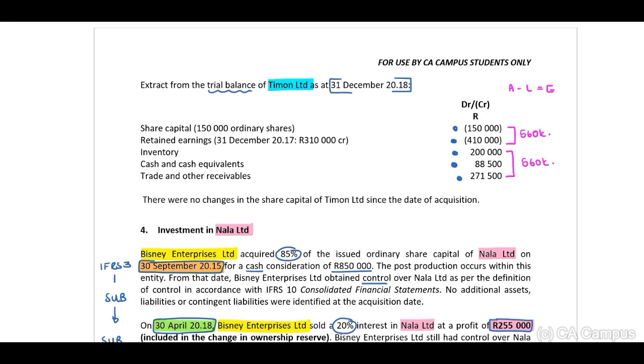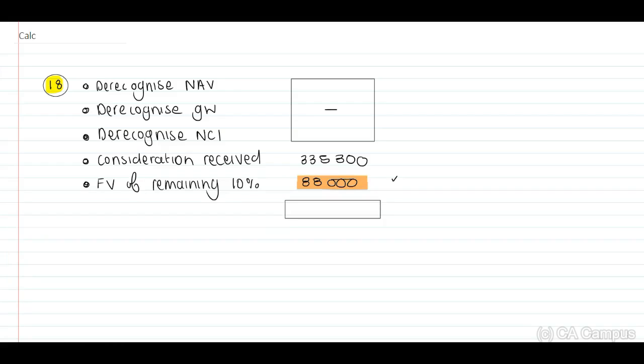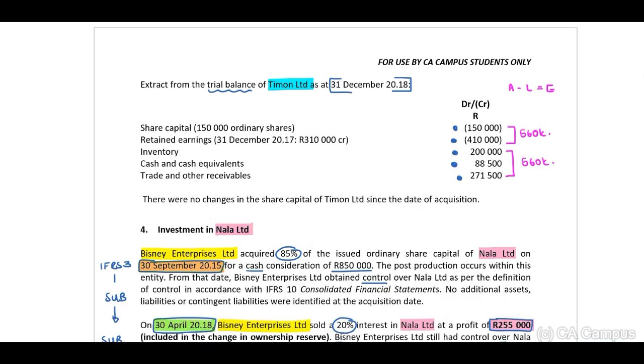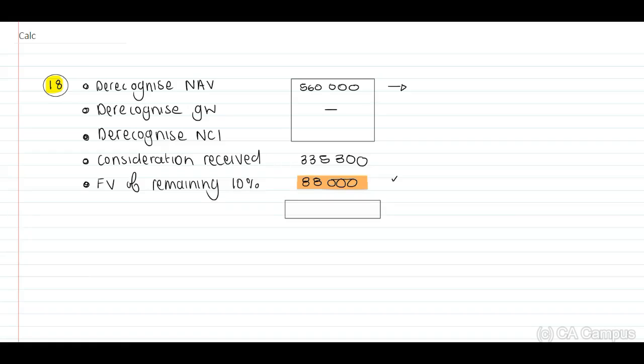Therefore, our net asset value will be an amount of 560,000. But guys, remember, you can't assume that your marker knows this. You need to indicate how did you calculate this. Therefore, I need to indicate to my marker that this is 150,000 plus the 410,000.